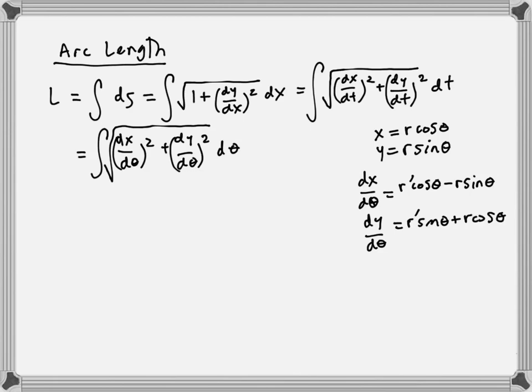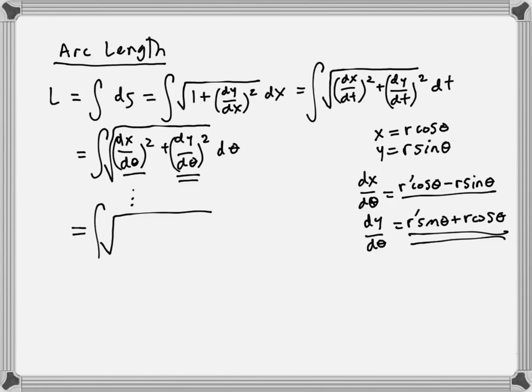So the idea is that if you take this and plug it into here, and you take this and plug it into here, we're going to get a lot of simplification. And indeed, I'm going to save us the algebra, because if you plug those things in, what you end up getting is that this is equal to the integral of the square root of r squared plus its derivative squared, and then d theta.